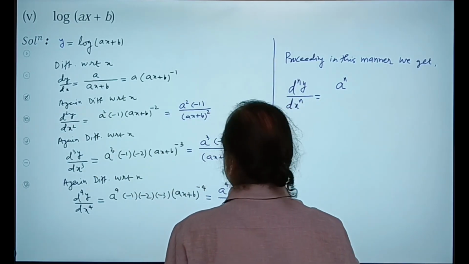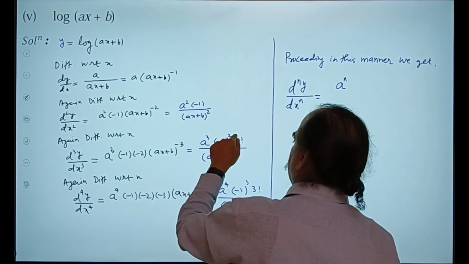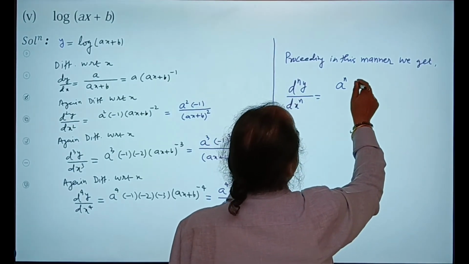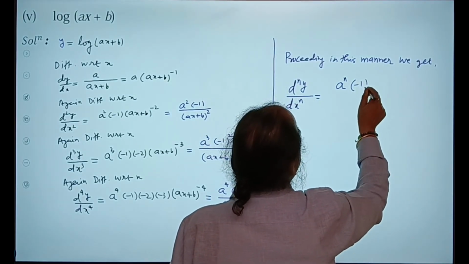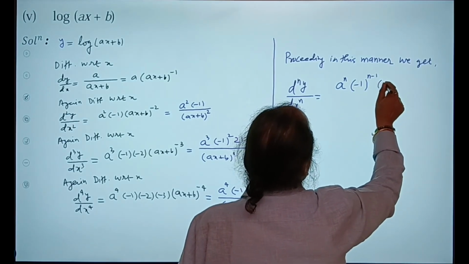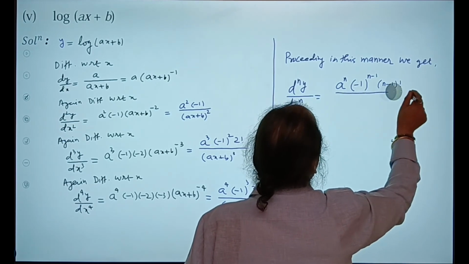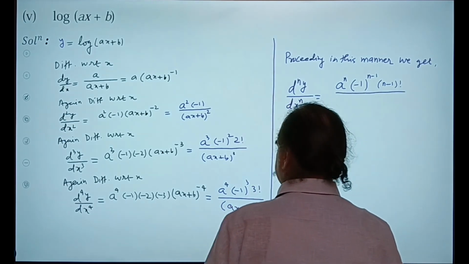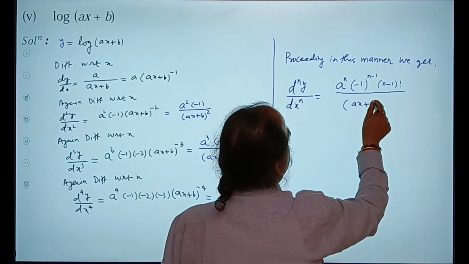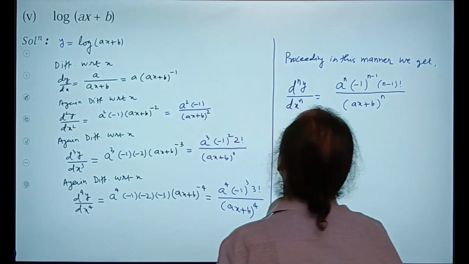So in nth order a raised to n. Power 3, third derivative minus 1 square into 2 factorial. Fourth derivative minus 1 cube. So in nth derivative minus 1 raised to n minus 1 into n minus 1 factorial divided by ax plus b will have same power. That is (ax plus b) raised to nth order derivative, so power n.